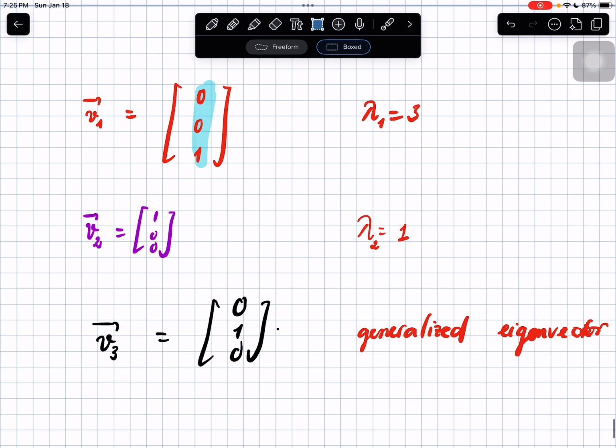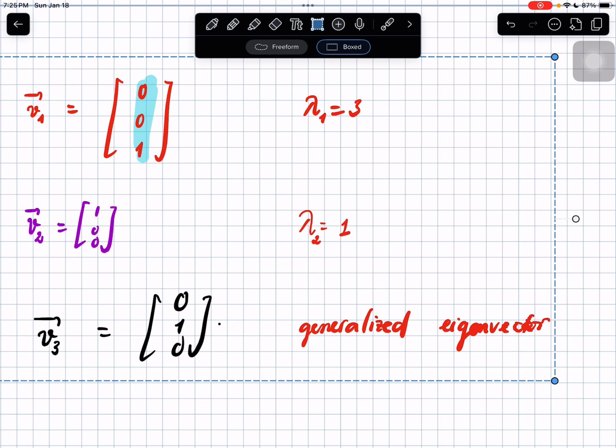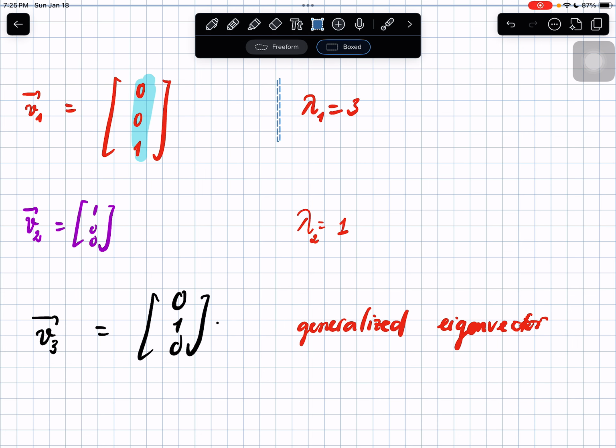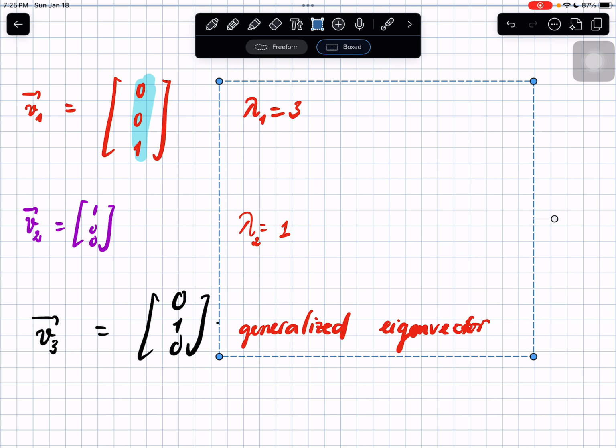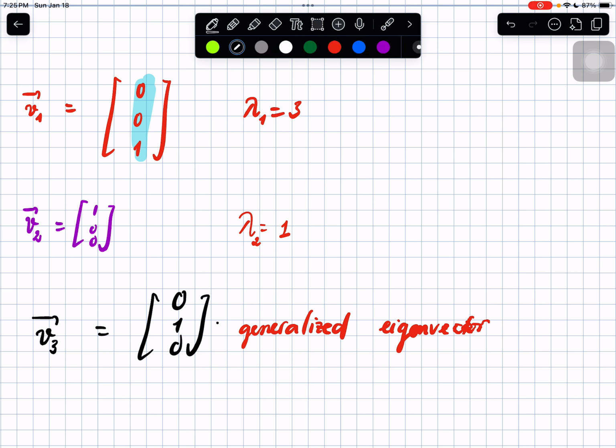So the first one, V1 with lambda 1, will give us x1(t) equal to V1 e^(lambda 1 t). The second one, x2, is V2 e^(lambda 2 t).